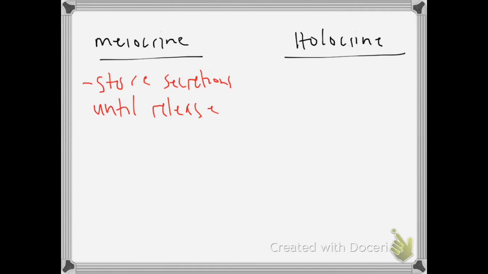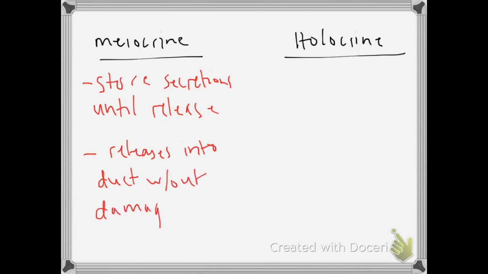Okay, and holocrine, what's going to happen is you're going to produce and store. Okay, hold on. Merocrine, store secretions until release, and then once it releases substances into ducts without damage to the cell. Now, with holocrine, it produces and stores secretions in the cell.